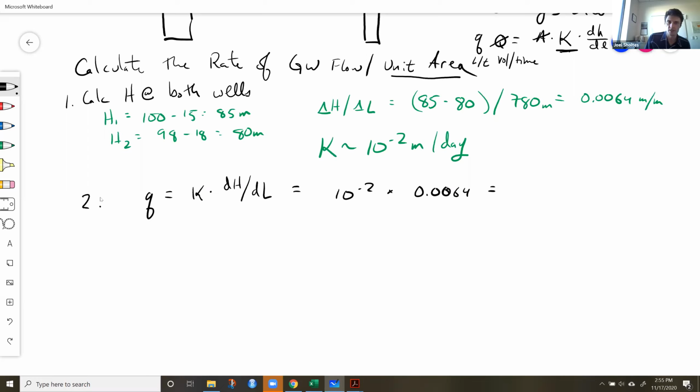And remember, K has units of length per time, and our little q also has units of length per time. And so that gives us an answer of 6.4 times 10 to the negative 4 meters per day for our flow rate.